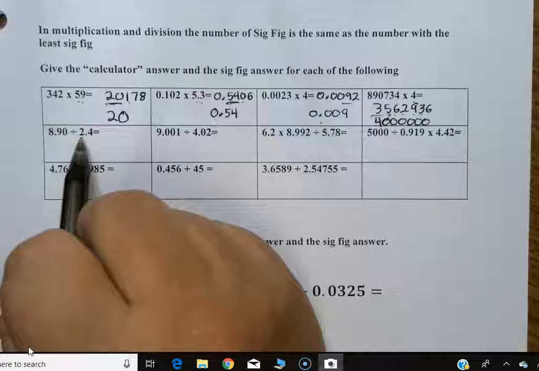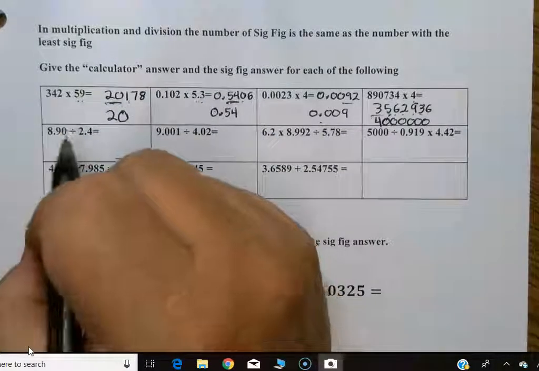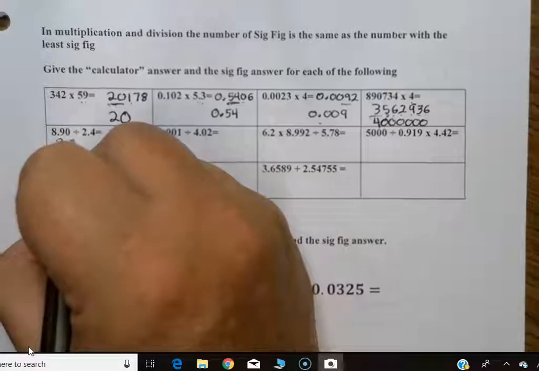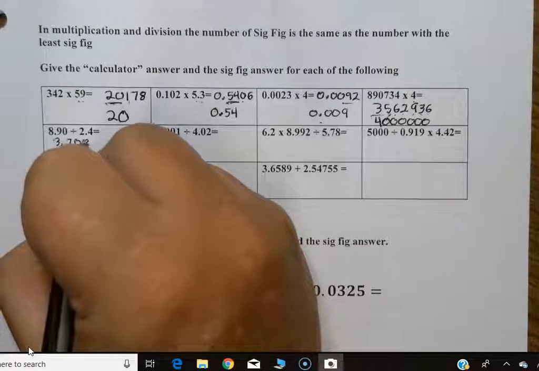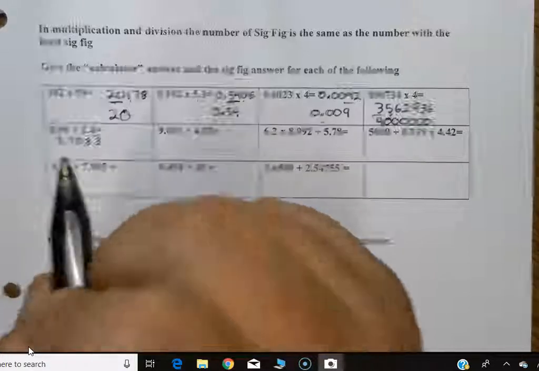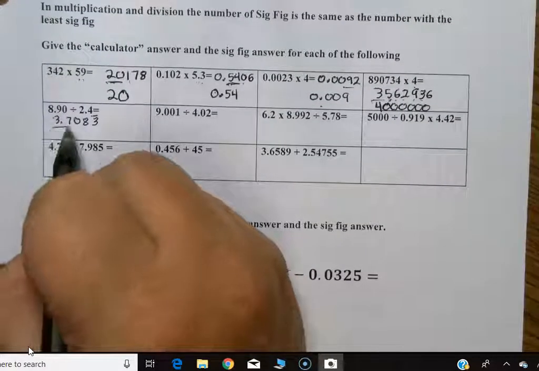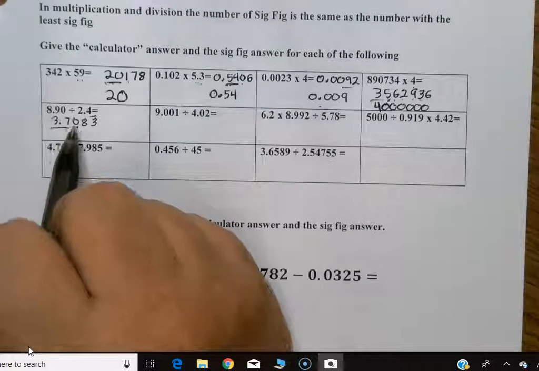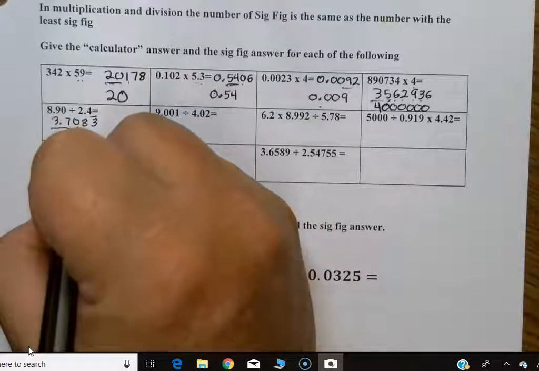It's only going to be 2 significant figures. So if I gave you the calculator answer, it's a big ugly number: 3.708 followed by repeating 3s, put the little line over it. Okay, but we're only significant to this many places right here, and that 0 is going to keep the 7 as a 7. It's not going to go up to an 8. So our answer is 3.7.